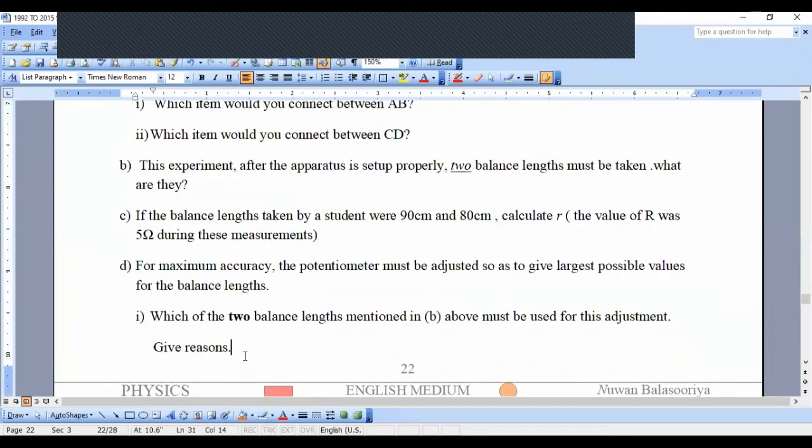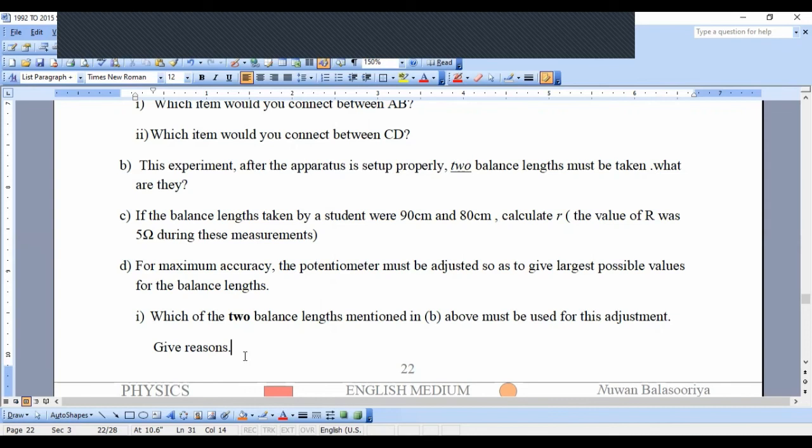What is the reason there? If we use the other balance length, we may not be able to obtain both balance lengths. Okay, dear. That's the reason. Which of the two balance lengths mentioned above must be used for this adjustment? We have said. So please write the reason.